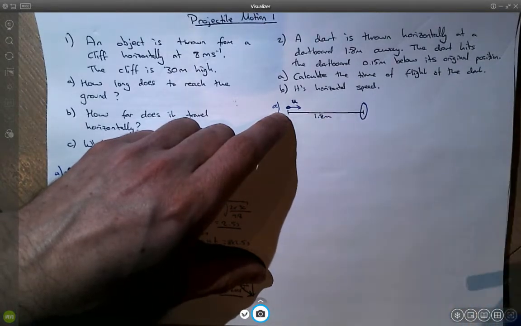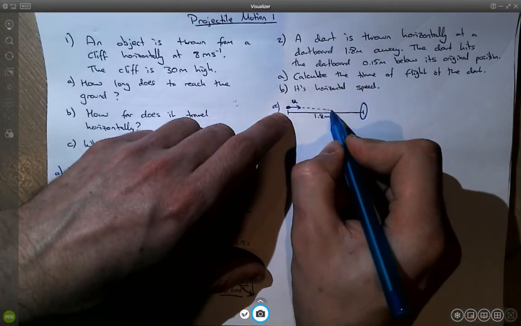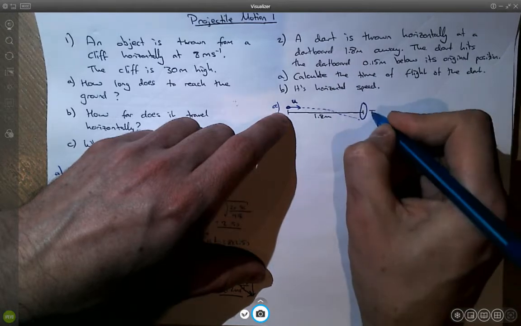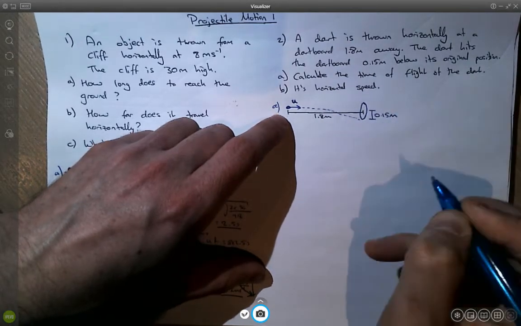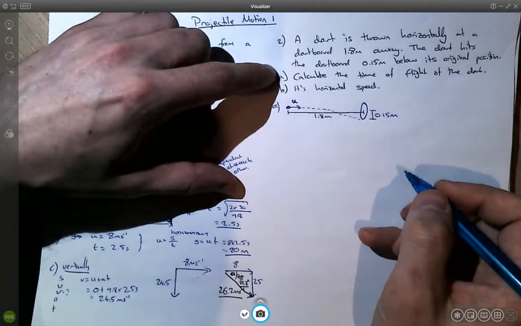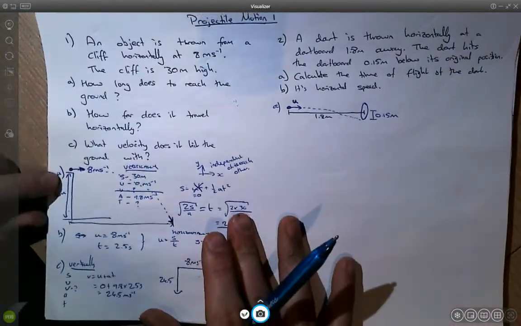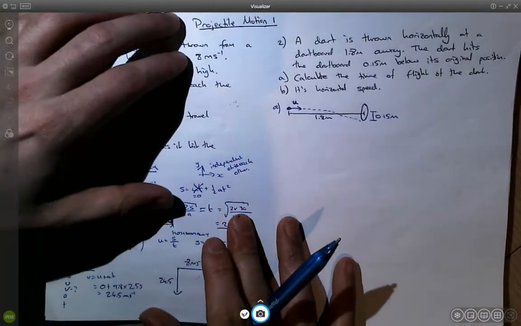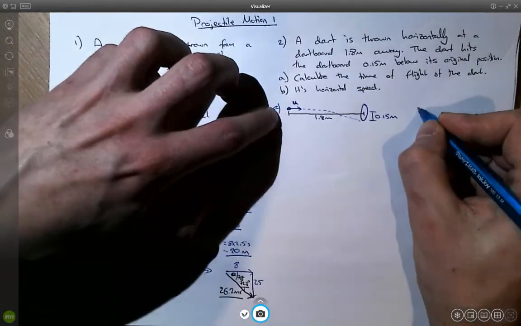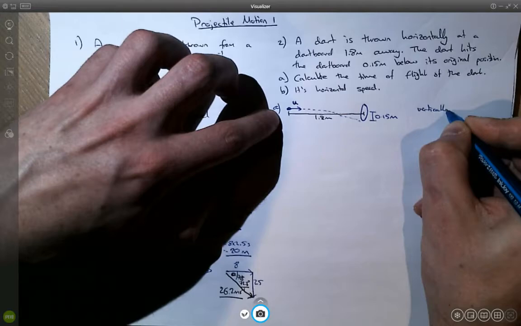And we know that as it travels, it falls a vertical distance of 0.15 meters. Calculate the time of flight of the dart. So this is a little bit like this problem here. We're treating the horizontal and vertical velocities separately. So vertically is how we're going to solve the first part of the problem.